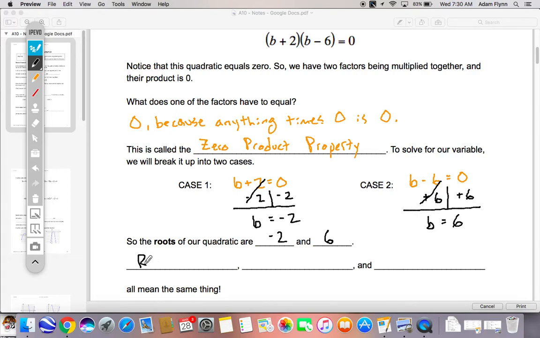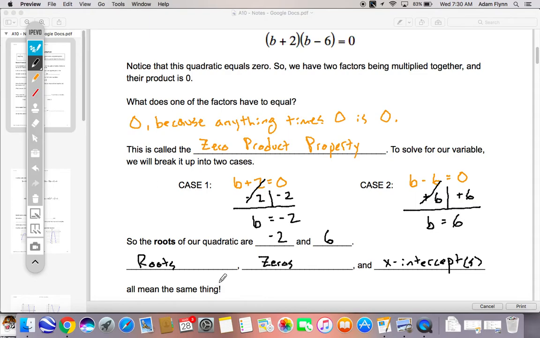So roots, zeros, and x-intercepts all mean the same thing. Okay, so if I happen to say zeros or roots or x-intercepts, they all mean the same thing.